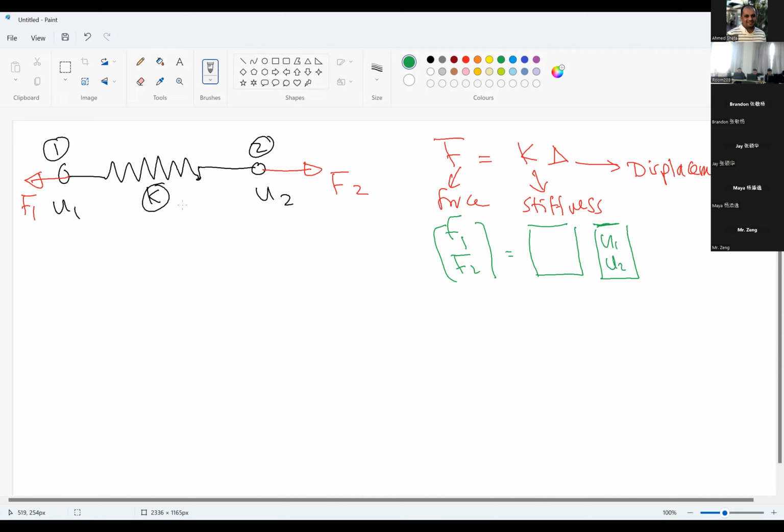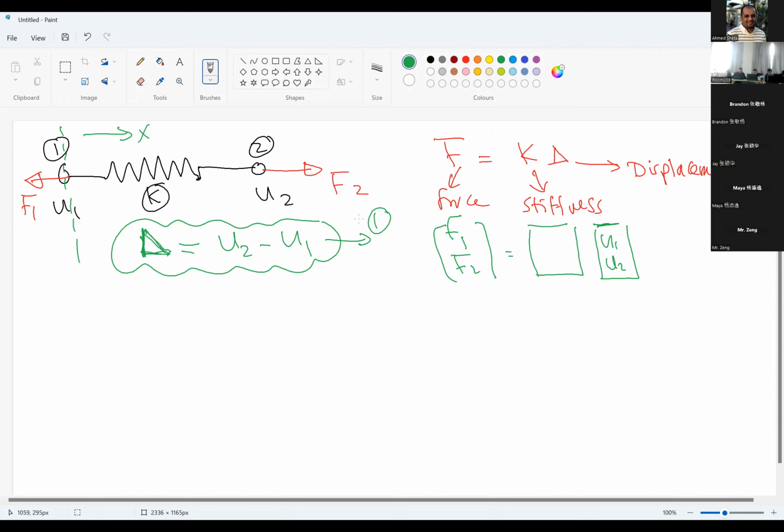The value of delta, if this is our direction X, is the total displacement of the member, which will be U2 minus U1. So we get a relation between U1, U2 and delta. For the force, from this equation, we have F1 will be K times delta, where delta is U2 minus U1.